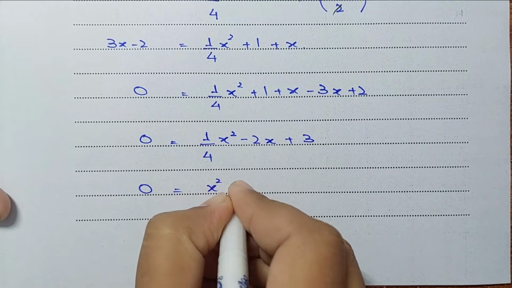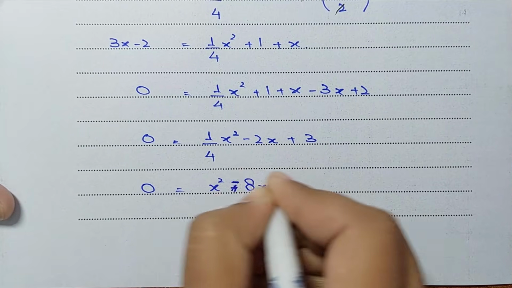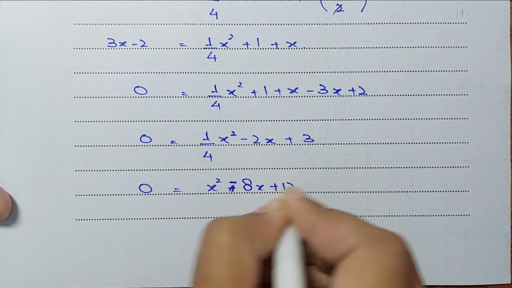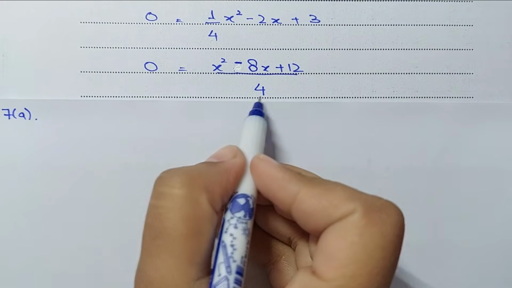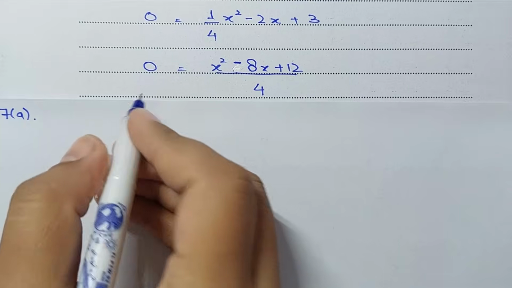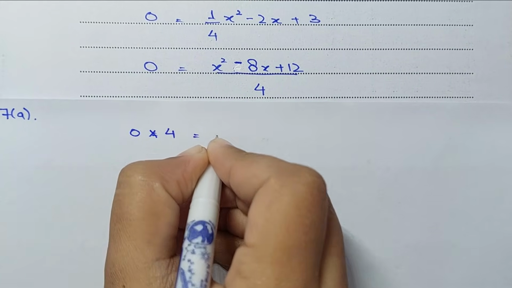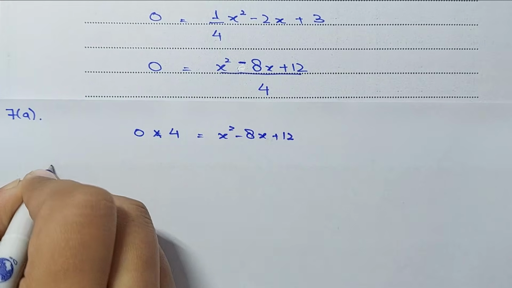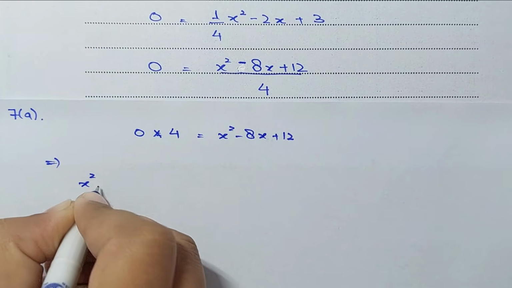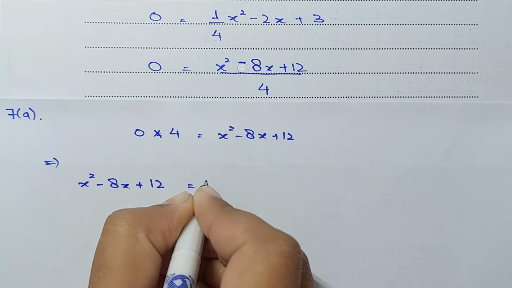So x squared minus 8x plus 12, and 4 times 0 is just 0. So x squared minus 8x plus 12 equals 0.